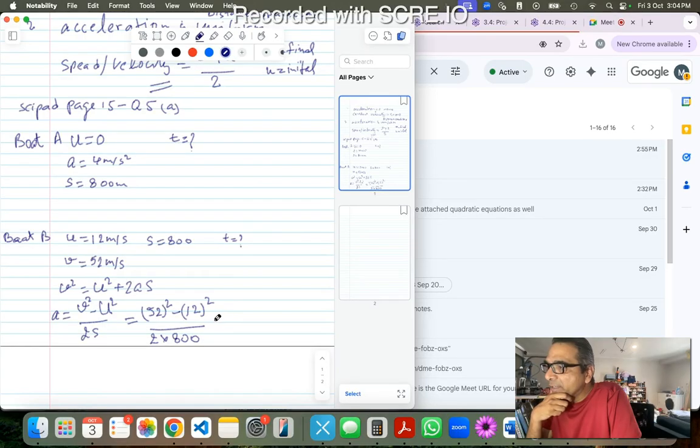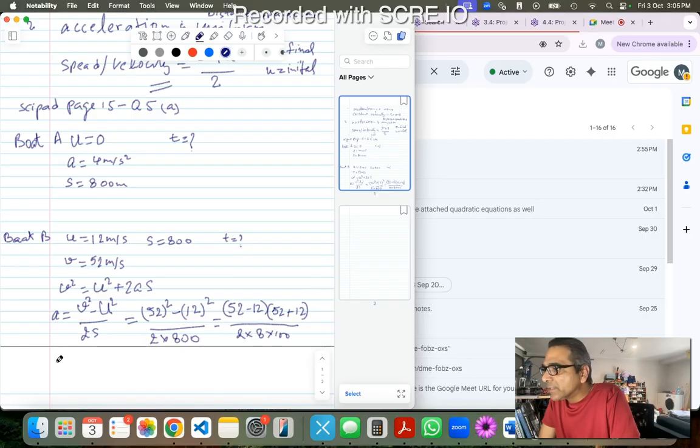Remember we did the a squared minus b squared thing, right? So I'm using that tool, 52 minus 12: a squared minus b squared is a minus b times a plus b.